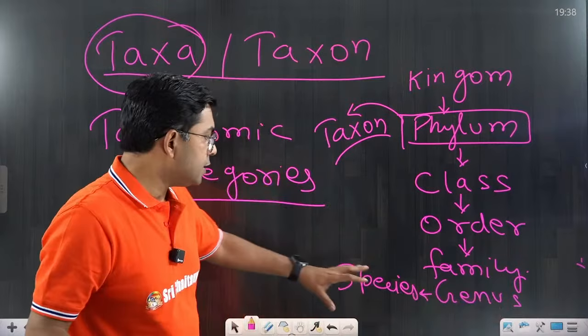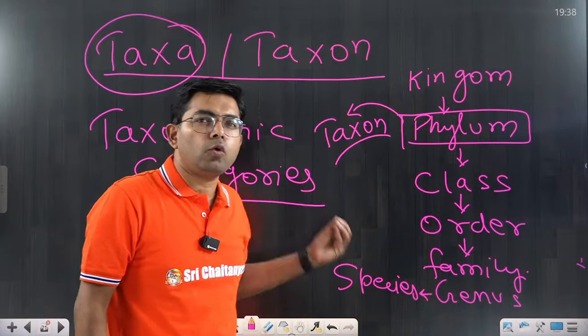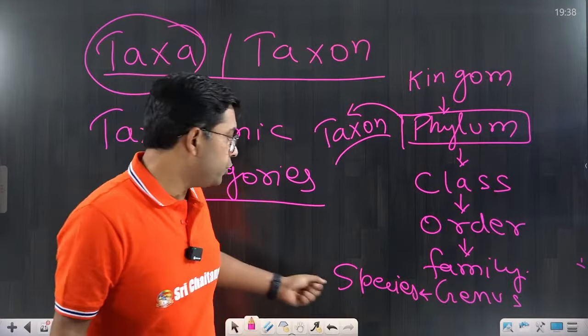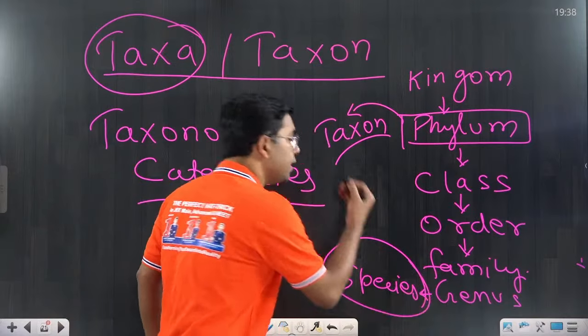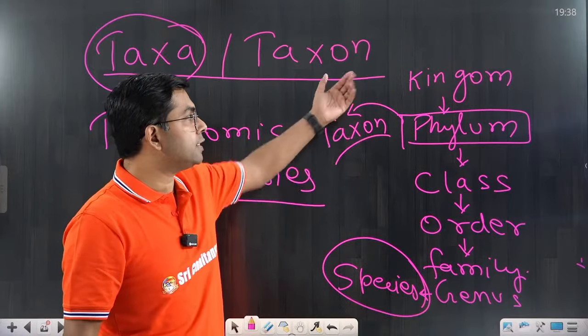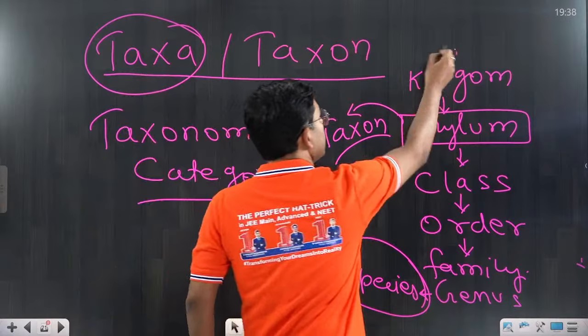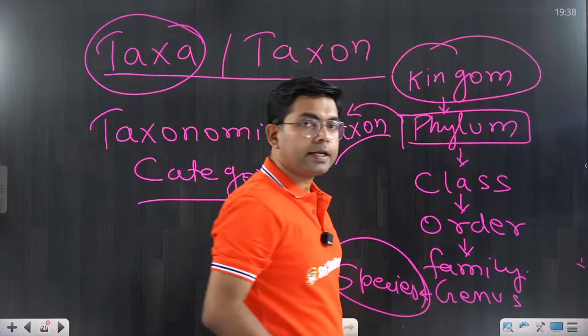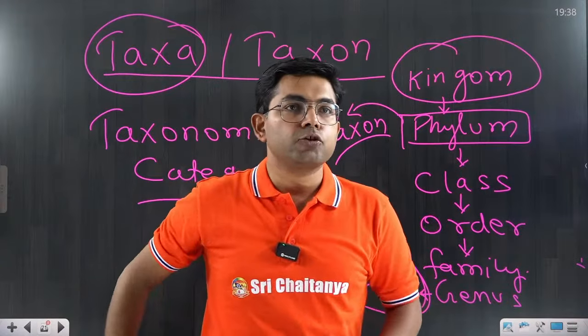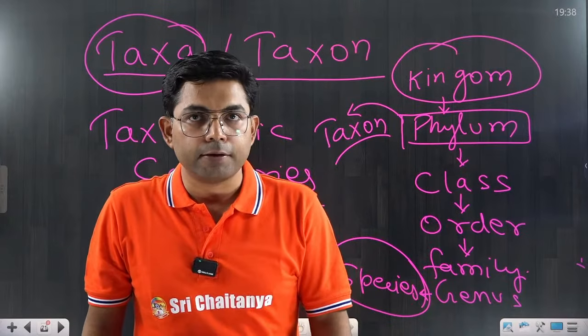Now out of these, if I ask you which one is the lowest category, you will say species is the lowest category. And which one is the highest category? Kingdom is the highest category. Total number of taxonomical categories is 7.